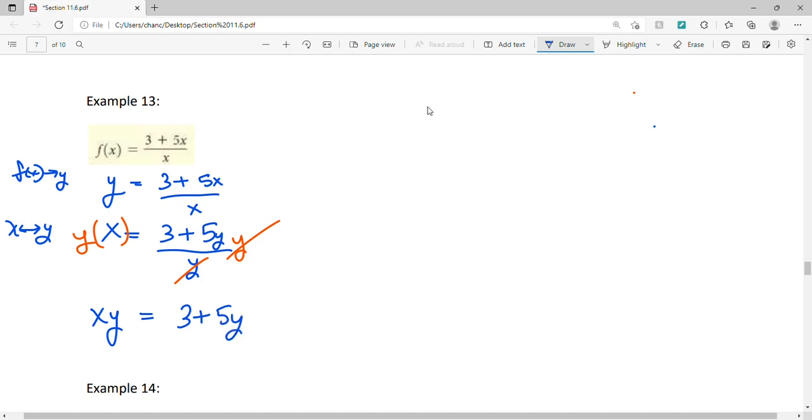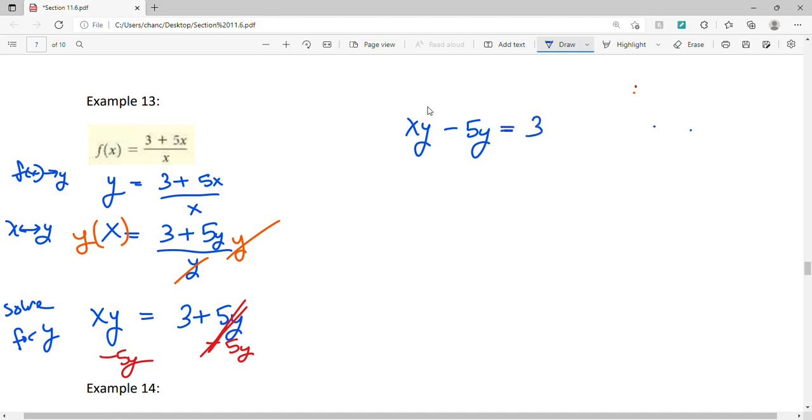Now the goal is to solve for y. We have to solve for y, so let's at least get it to the same side. Let's subtract 5y from both sides, and this cancels out. Our equation becomes xy minus 5y is equal to 3.